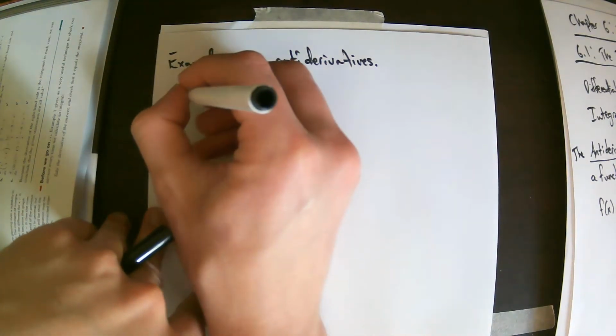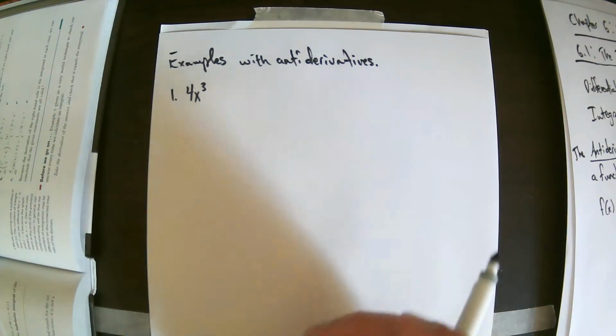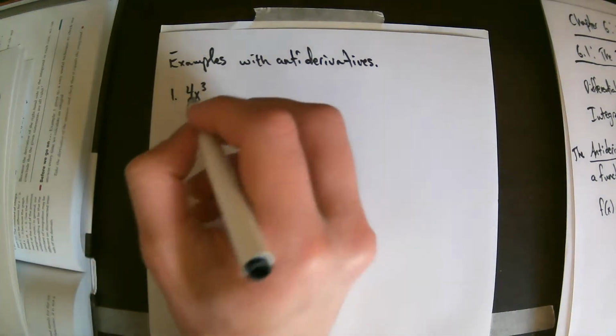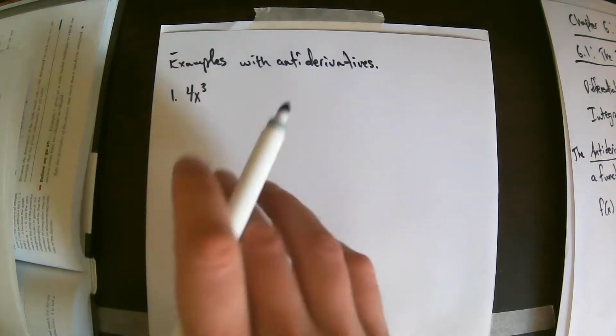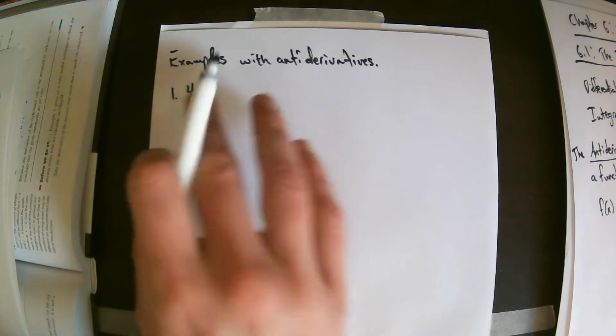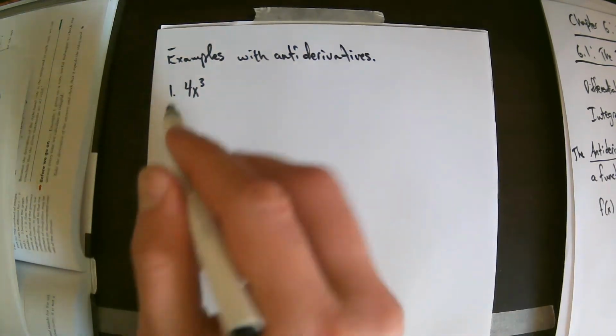Okay, so think of an antiderivative for 4x cubed. So some function so that when you take its derivative, you get a result of 4x cubed. So we're thinking in reverse here.